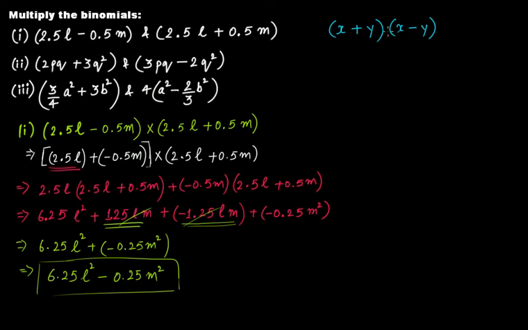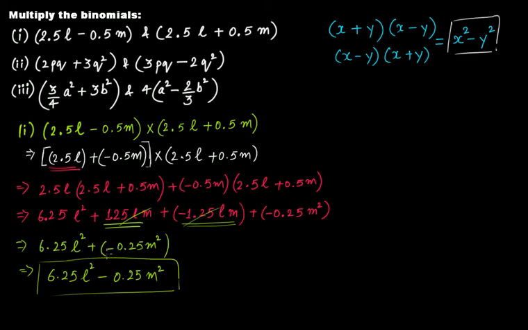Whether it is x plus y multiplied by x minus y, or x minus y multiplied by x plus y, either of these, the answer you can tell straight, and that is x squared minus y squared. This is a standard identity that we'll discuss in our next video tutorial.